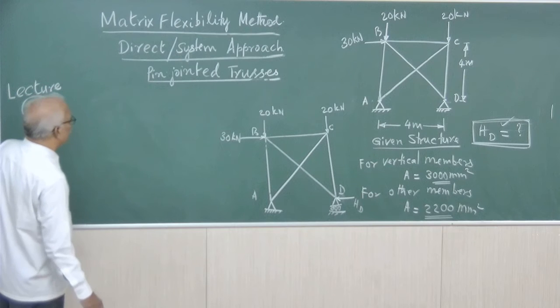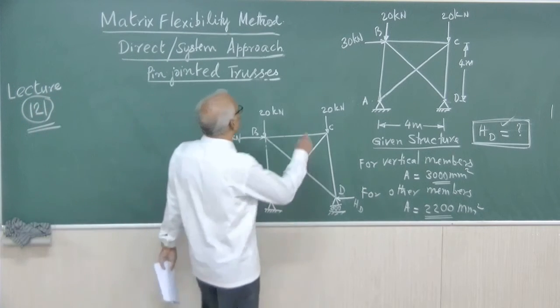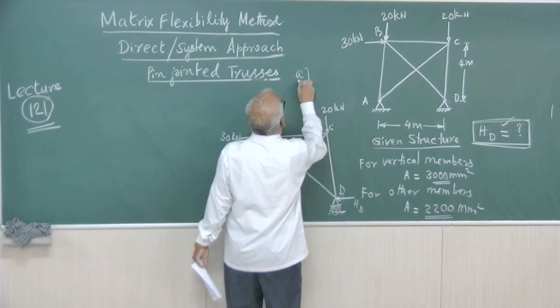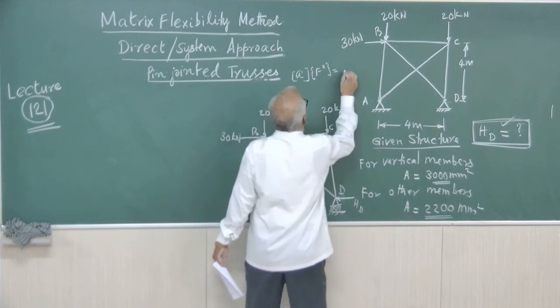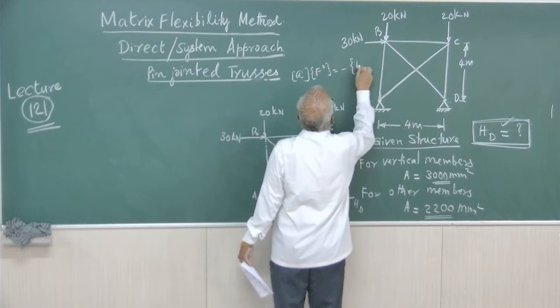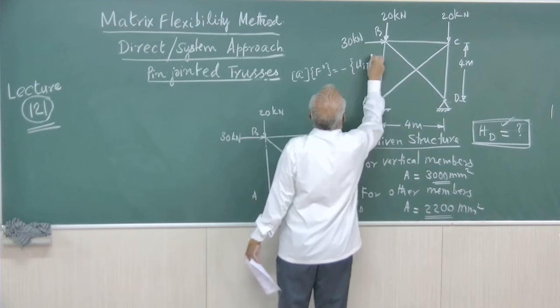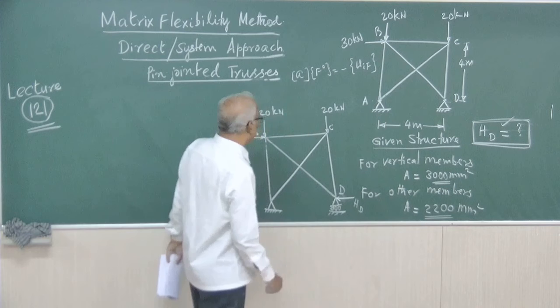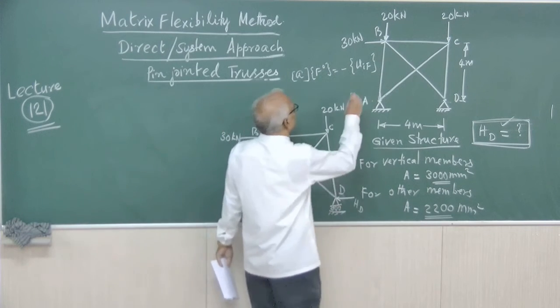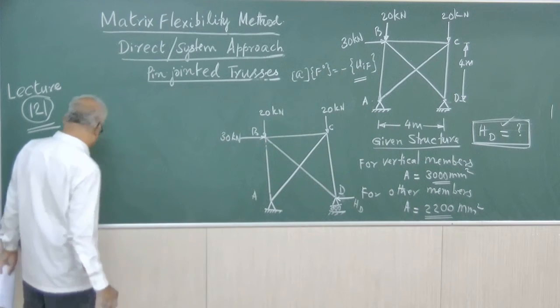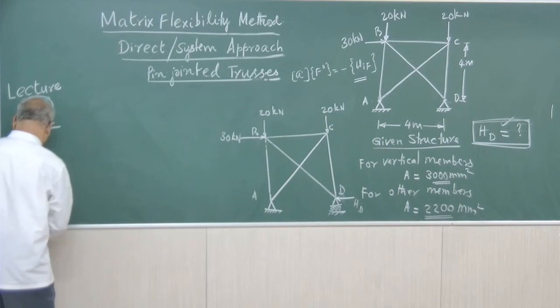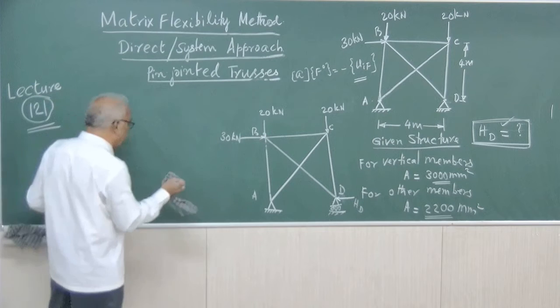Now, for using these values in the compatibility equation, A into F naught equals minus U IF. This is due to the external load on the primary structure. So for getting the value of UIF, forget about the redundant force.